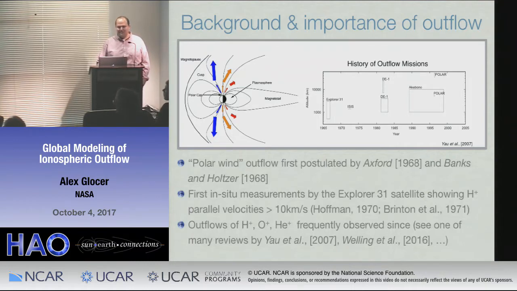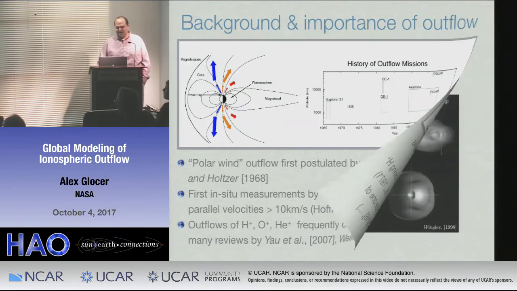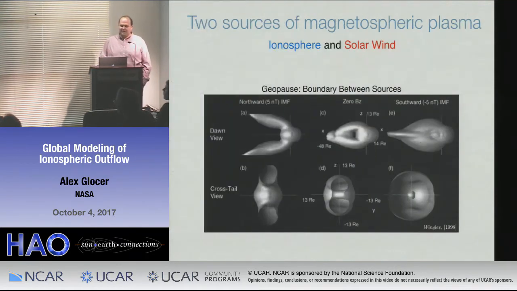But even though we know that it's happening, there's still a lot we don't know about how it's driven and what consequences it has. One of the consequences that ionospheric outflow has goes to the question of what's the origin of near-Earth plasma. If you think about it, all the plasma that's in the magnetosphere derives from one of two sources. Either it comes from the solar wind or it comes from the ionosphere.